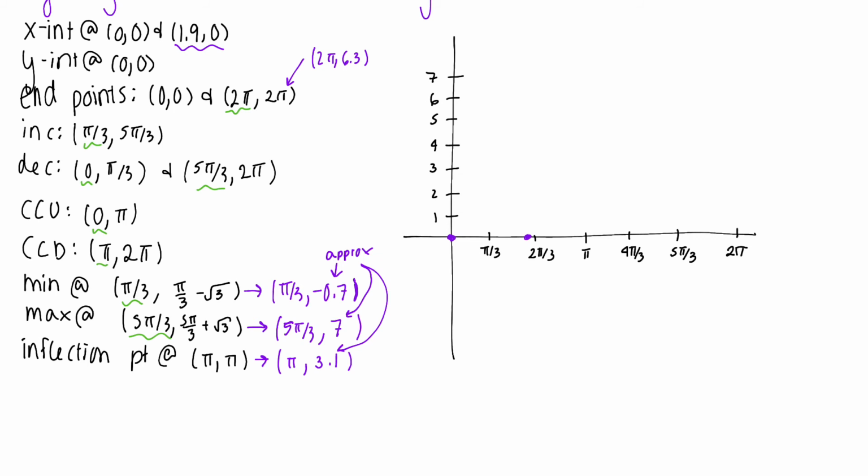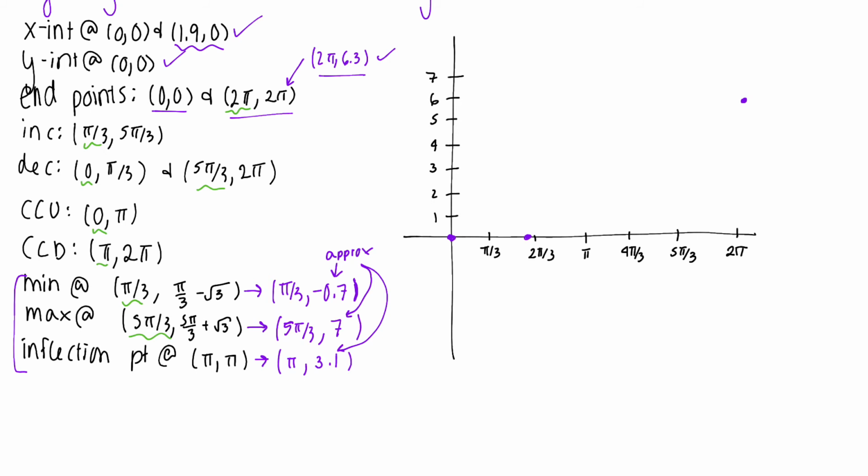Plotting 0, 0, so I'm plotting these points. Plotted that point, plotted that point. For the endpoints, we have 0, 0, and 2 pi, comma 2 pi. So we have 2 pi, comma 6.3, which is up here. Plotted that point. These are the other points down here, the mins and the maxes that I'm going to plot.